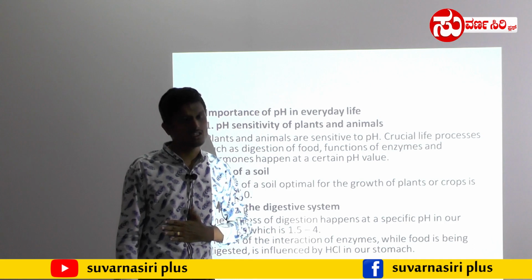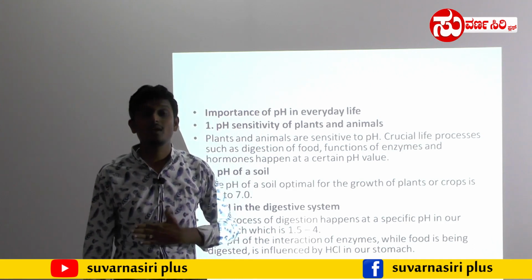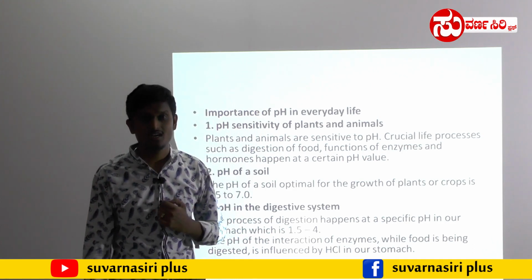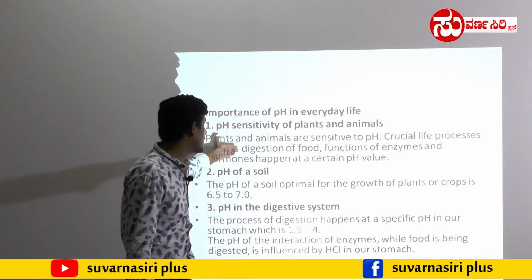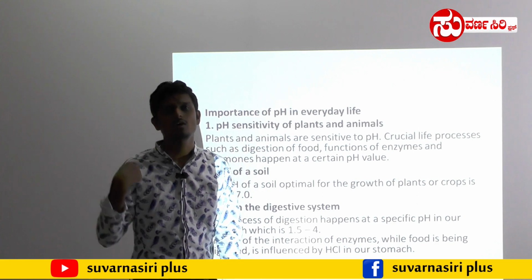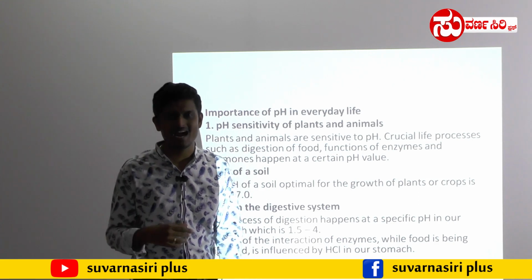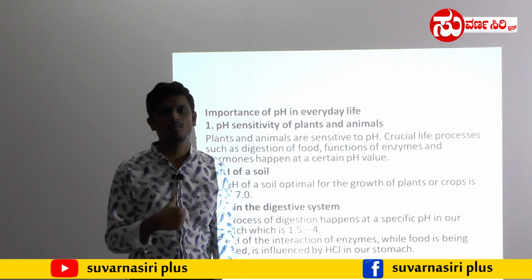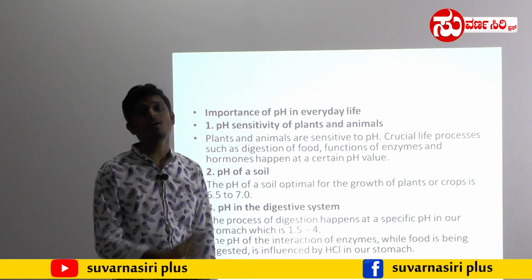It is one of the main things to maintain its pH. If you do not maintain the pH, then for any gland or any organ in our body to function, it requires a suitable pH.